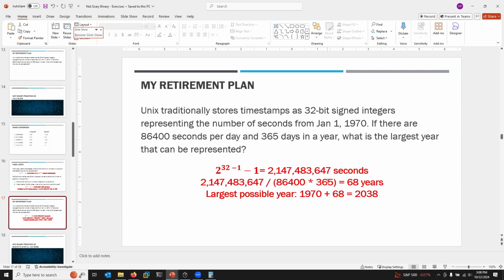So if the epoch starts at 1970 and you have a maximum possible spread of 68 years, that means we're going to run out in 2038. In fact, it's in the middle of January in 2038. So you better have your ducks in a row before the end of 2037, because you're not going to have much time to fix this problem.